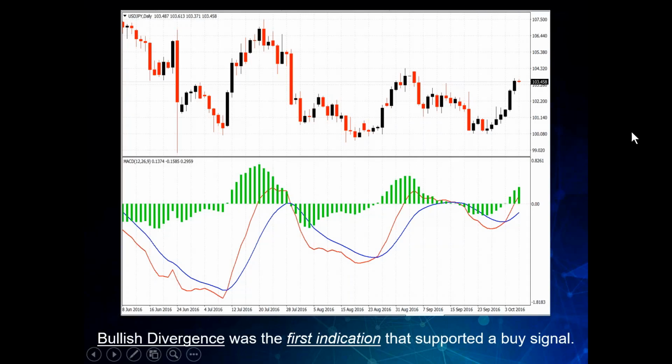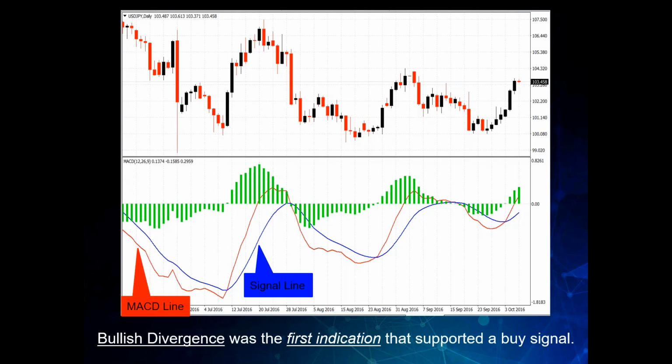Bullish divergence was the first indication that supported the buy signal for dollar yen on the dailies. You can see here that at the time, the MACD line and signal line were actually declining with the price, so you're not seeing divergence. But when you look at the histogram, the histogram troughed at the beginning of the chart back here, and then we've got the price declining.